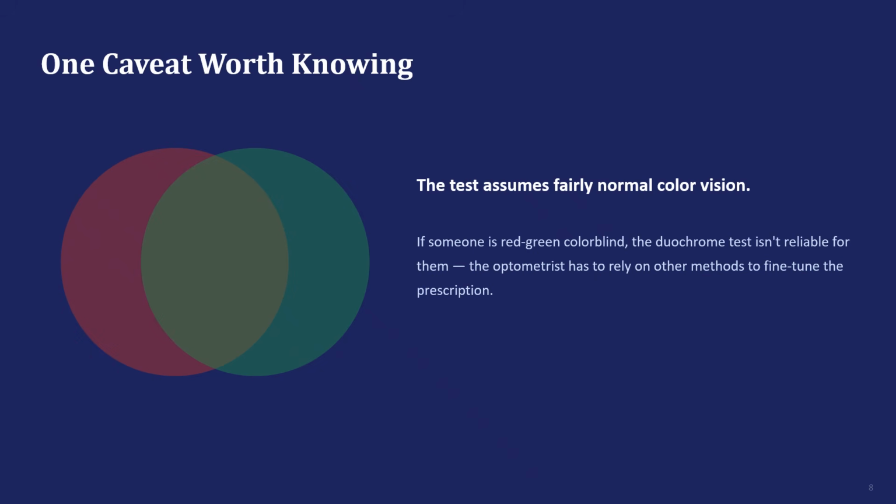One caveat worth knowing is that the test assumes that the patient has normal color vision. So if someone is red-green colorblind, this test is not reliable. There are three common mistakes which people usually make while doing a Duochrome test, which you have to remember. The first is performing it before the endpoint is achieved.